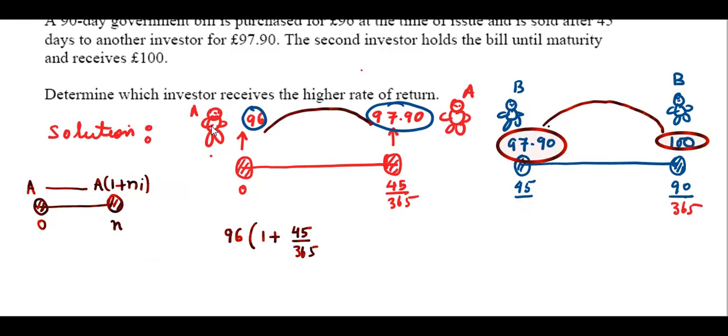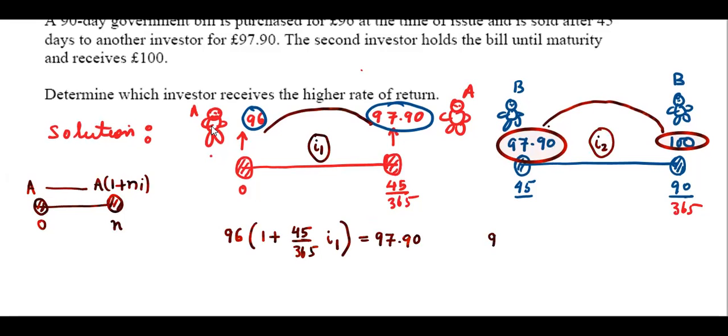Suppose the interest rate earned is I1 here, and the interest rate earned is I2 here. That is equal to 97.90. This is the first equation.